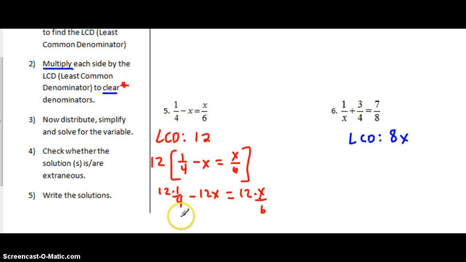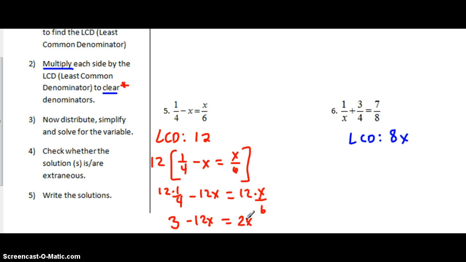Twelve divided by 4 would simplify to 3. And then 12 divided by 6 would simplify to 2. And that made our problem a lot simpler. We got rid of all our fractions. If whatever you picked didn't simplify everything, then try again. That's our goal here, to get rid of all our fractions.